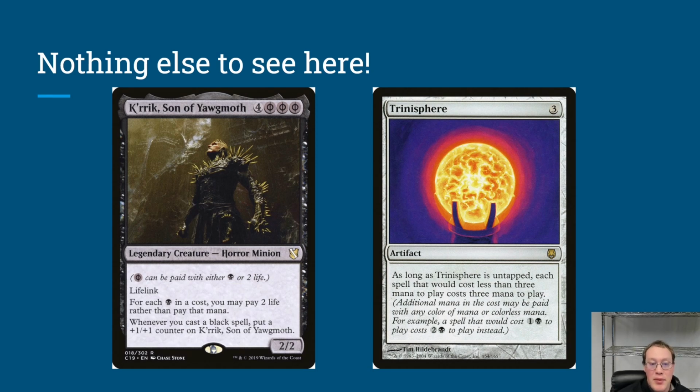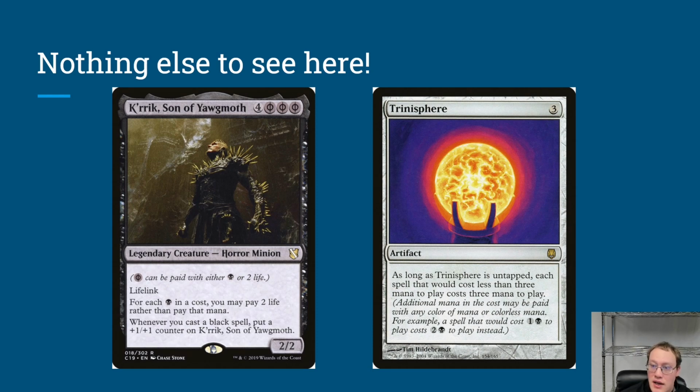It was before that step where we had to say, okay, this Phyrexian mana symbol, I'm going to be paying 2 life for that one, and this Phyrexian mana symbol, I'm going to be paying a black for that one. So the step where you have to say that is actually before the Trinisphere applies. And so that means that with the Phyrexian mana symbols, you're basically not getting a bargain with the Trinisphere, let's say. With Kirk, it's a little bit different.